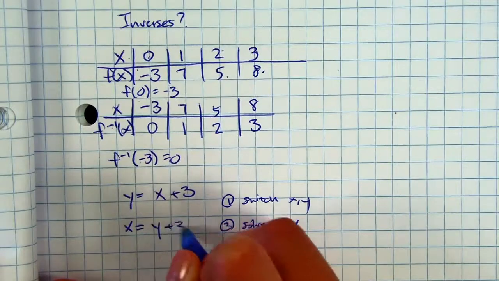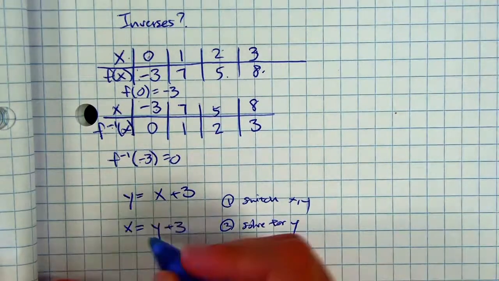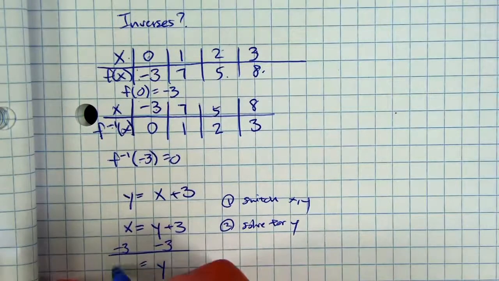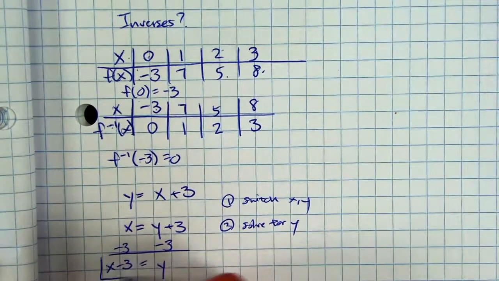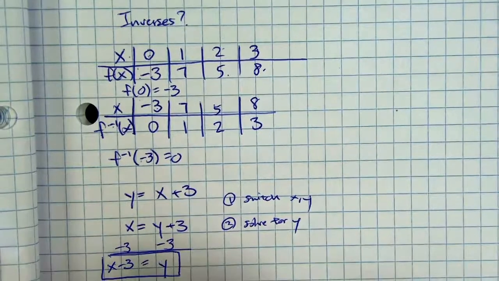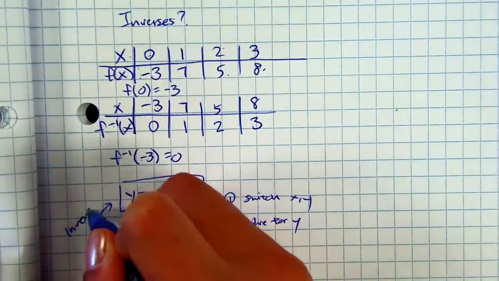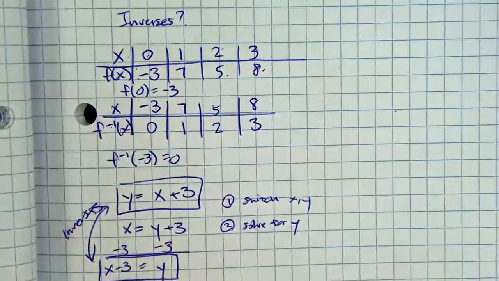I'm just switching the values x and y, and then I solve for y, so I minus 3 on both sides, and I get y is equal to x minus 3. That means this equation right here is the inverse of this equation here. They are inverses of one another. So that is a general idea of what inverses are.